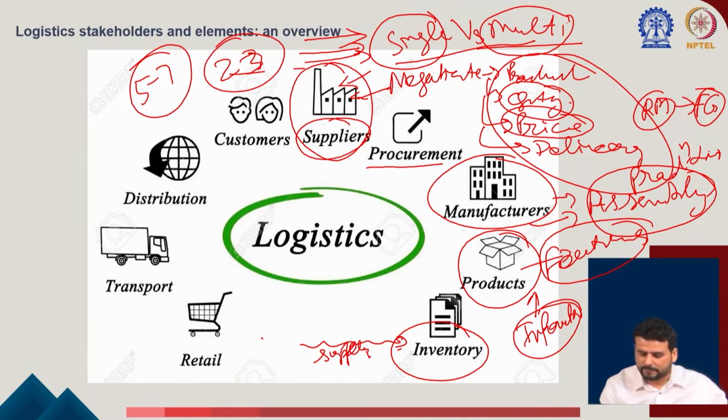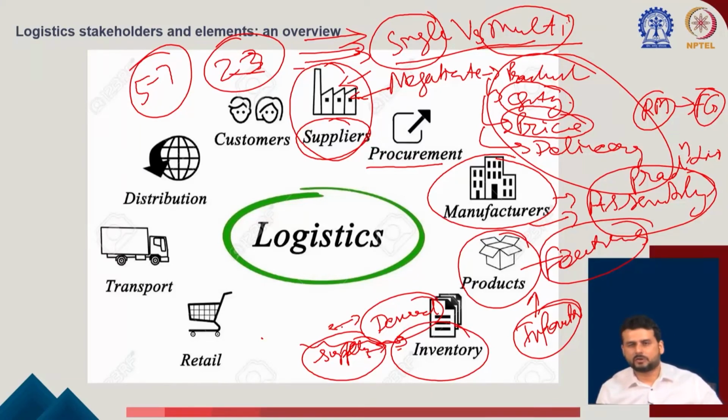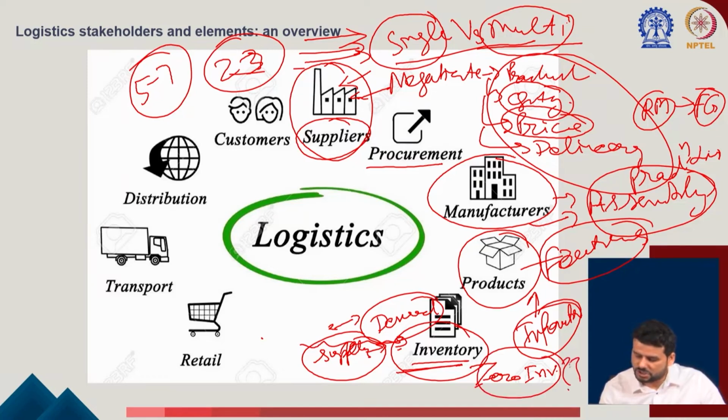Now this supply to market obviously depends upon demand as well. So somewhere you need to make the equilibrium between demand and supply, and because there is always a gap, you need to maintain the inventory. Although we are focusing on zero inventory, that is a big question, and where we can focus on zero inventory specifically, we will also discuss.